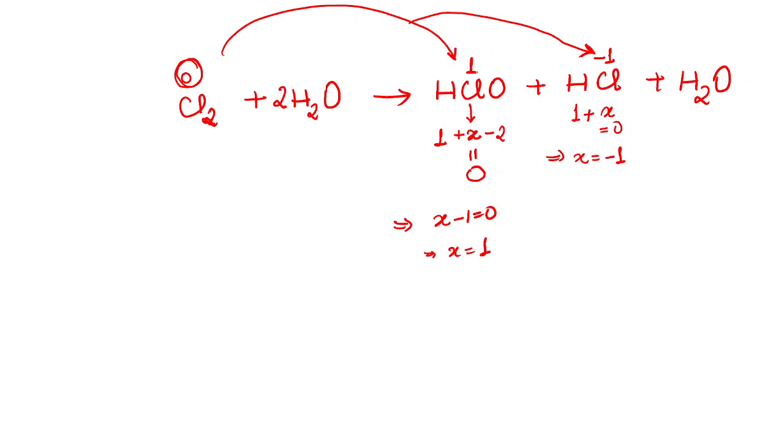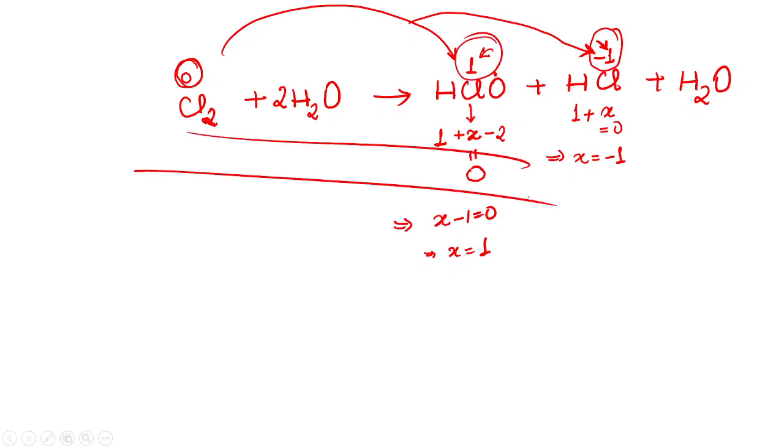This is oxidation because removal of electron is there, and here it is reduction because addition of electron is there. In this case it is oxidation because here addition of oxygen is directly visible, but addition of electron is there, and in the other case it is addition of electron here. So here your oxidation number has changed. So this type of reaction is known as your disproportionation reaction.